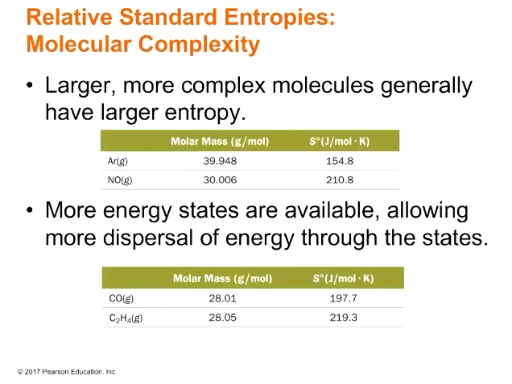Now, another factor is molecular complexity. Larger, more complex molecules generally have larger entropy. For instance, let's say we're comparing argon gas to nitrogen monoxide gas. They have somewhat similar molar masses, although argon does have a larger molar mass. However, in this case, it's not molar mass that determines the standard entropy.